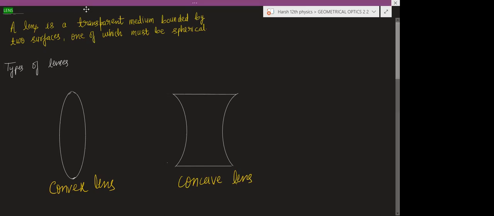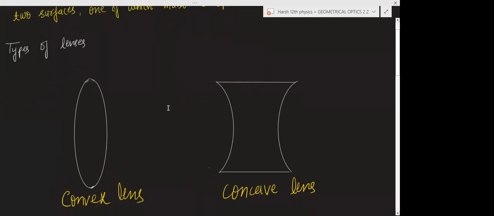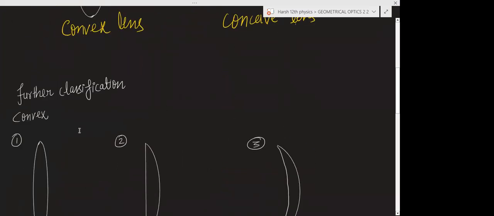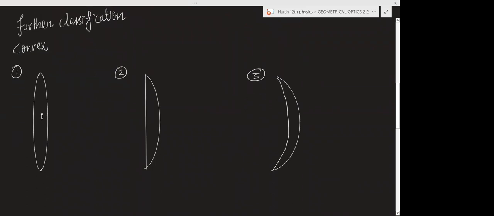Now there is further classification of lenses. In the case of the convex lenses, the first lens is this. This lens is bounded by two spherical surfaces, and the name of this spherical surface is convex surface.